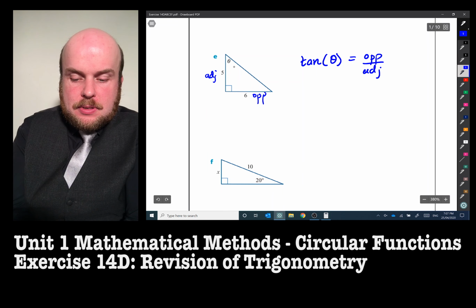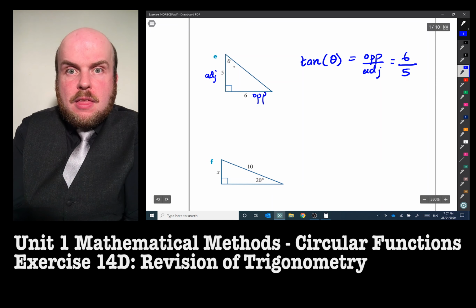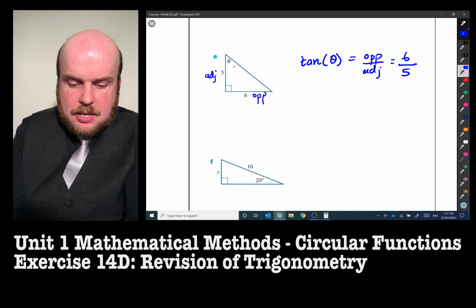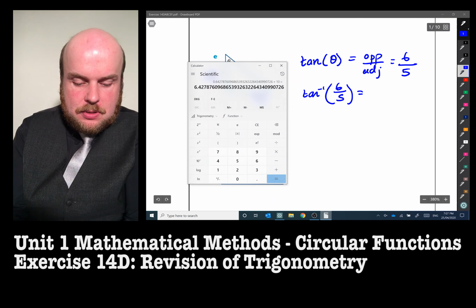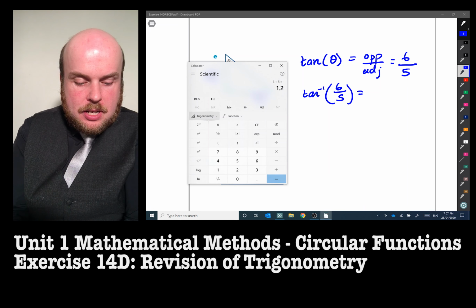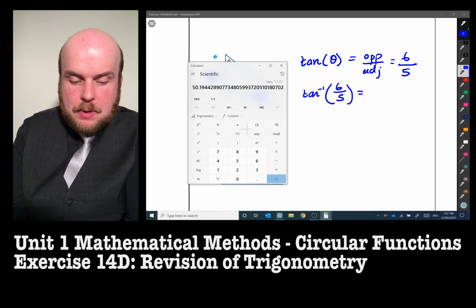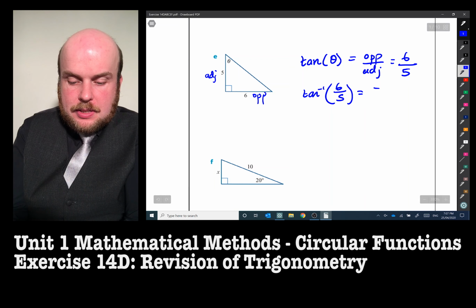So this is going to equal 6 over 5. Therefore, the inverse tangent is going to be equal to 6 divided by 5, and we'll go to trigonometry, second, tan, and we get 50.19 degrees.